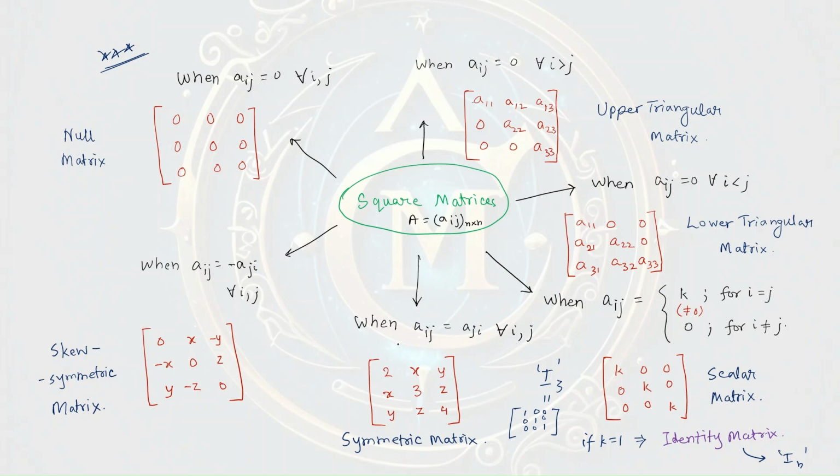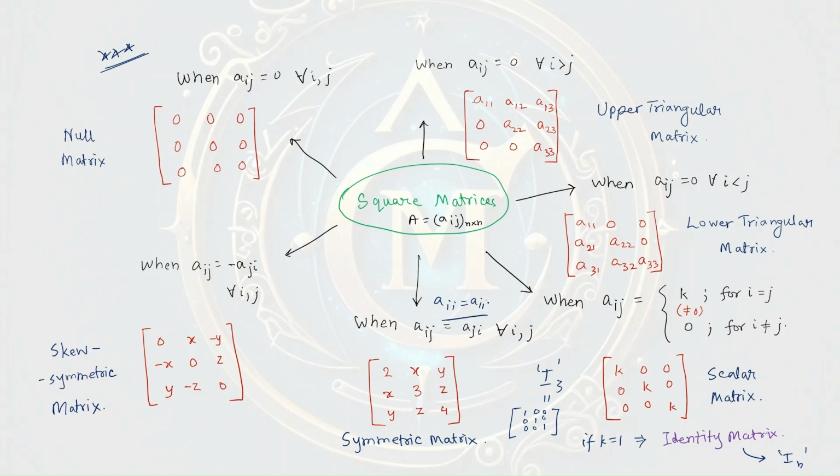Now let us take the case when Aij is equal to Aji for all i, j. That means if we interchange the row and the column number, we get the same element. So if we put i equal to j, Aii should be equal to Aii.